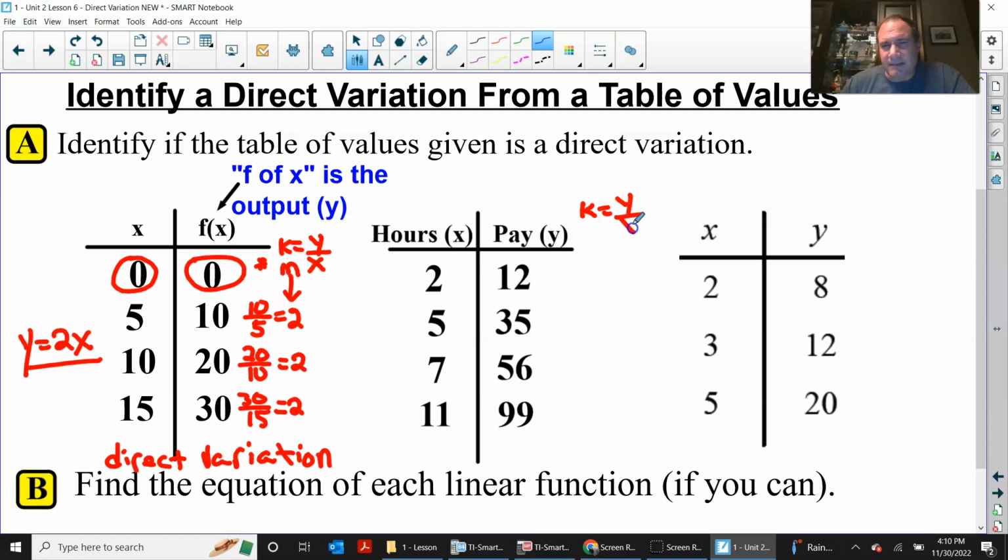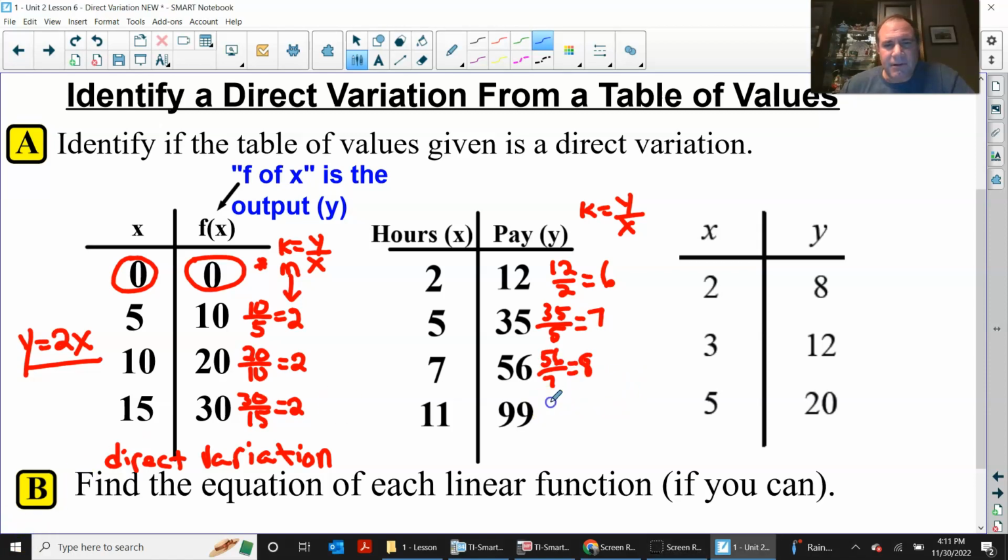Let's see if we get the same k, the same constant, when we divide y and x. All right, so let's do 12 divided by 2. Okay, that's 6. 35 divided by 5. Wait a minute. 35 divided by 5. That's 7. You could stop there.